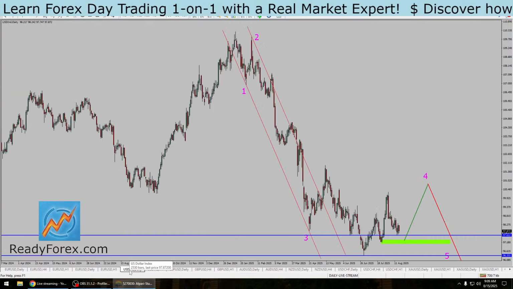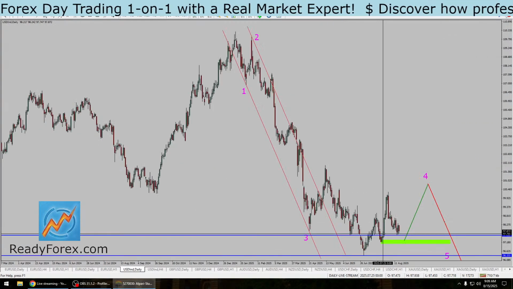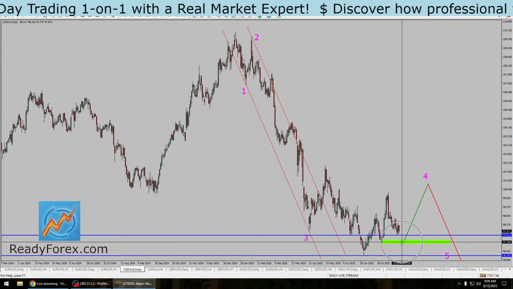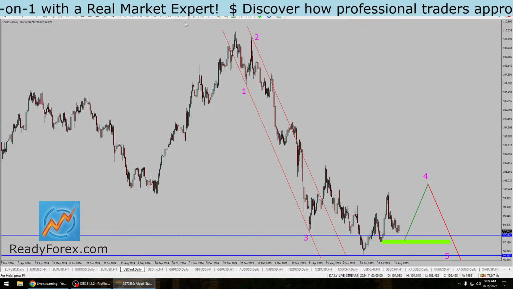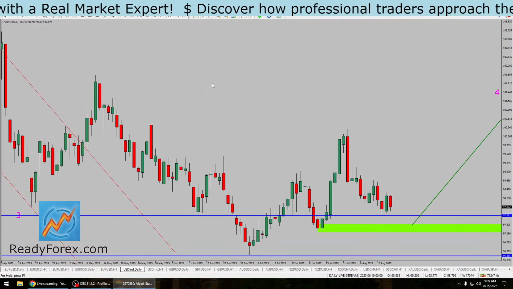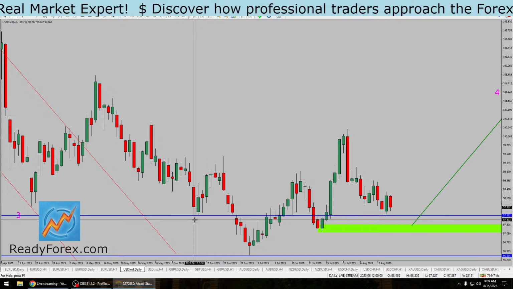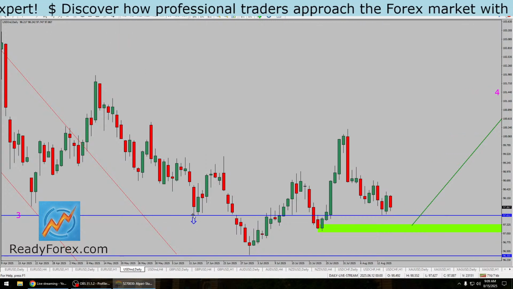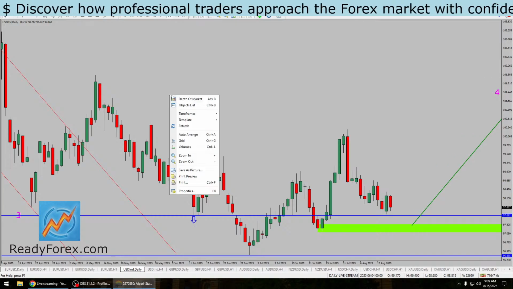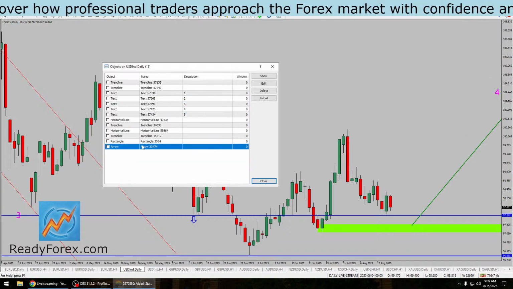Okay, next one is the US dollar index. The US dollar index, the support is down over here, so it could go all the way down. Price action actually bounced from this old swing low over here. Let me delete this one.